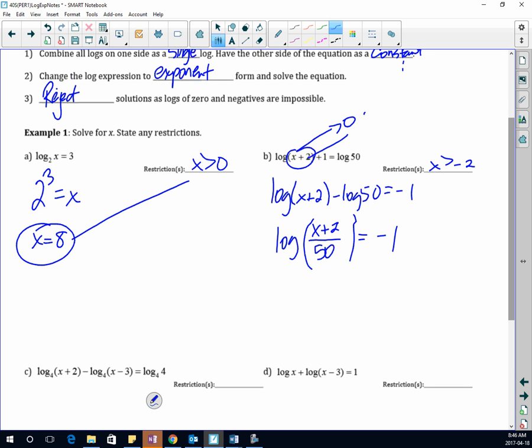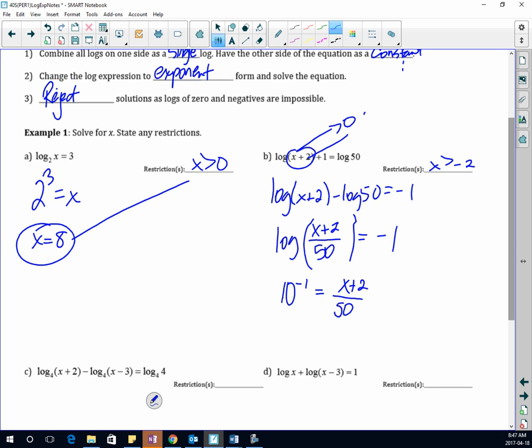Change the logarithm into exponential form. What's the base of the log? It's 10. So when I change this to exponent form, it's going to be 10 to the power -1 equals (x plus 2) over 50. Any questions there? That to the power of that equals the argument.